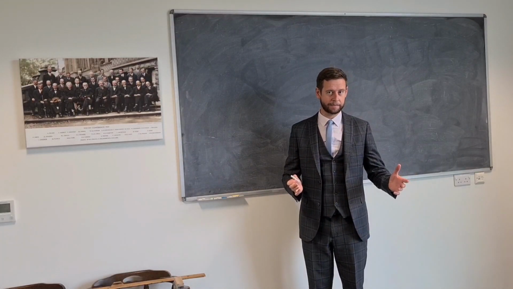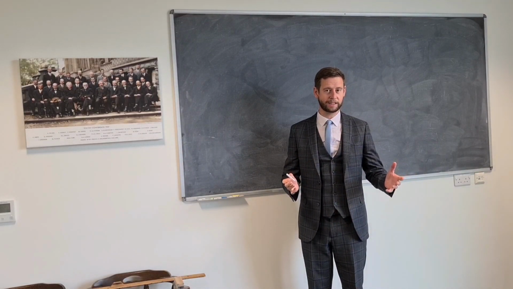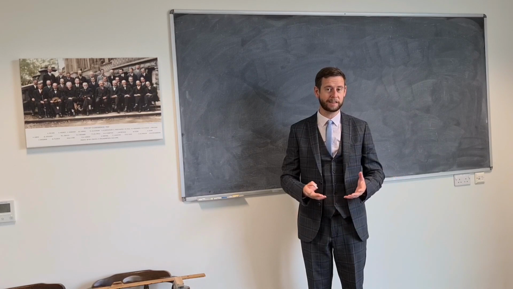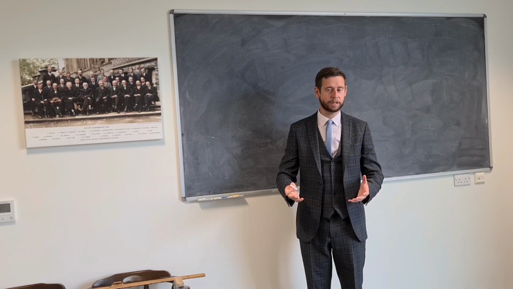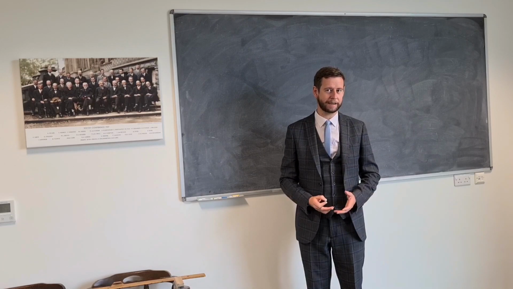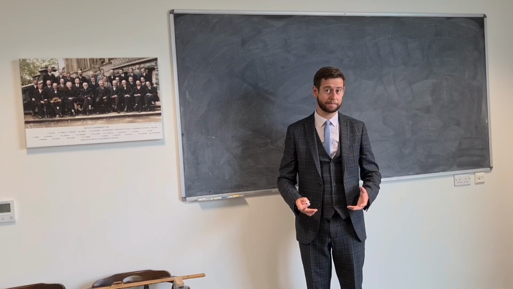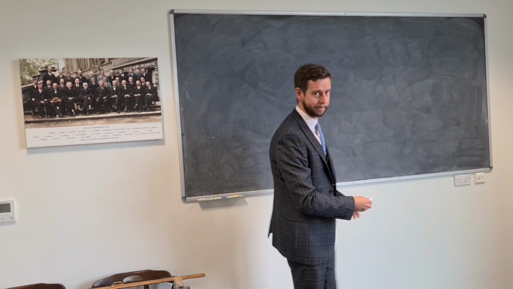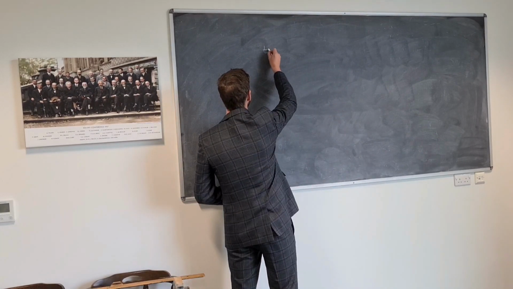So to get a handle on the amount of energy that we supplied to the appliance that was usefully used, we need to introduce a new quantity. And we call that quantity efficiency. So that is what we're doing today. Efficiency.